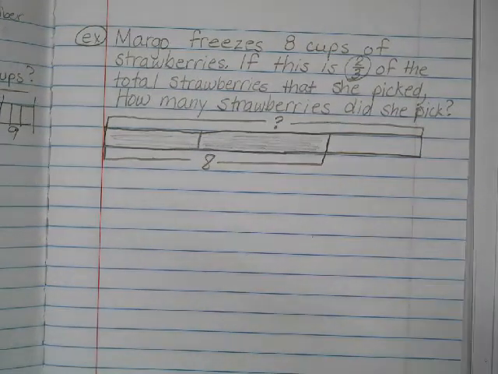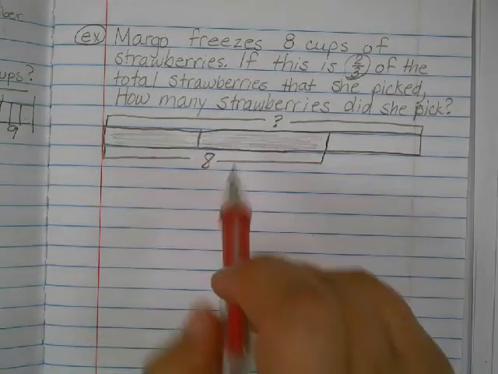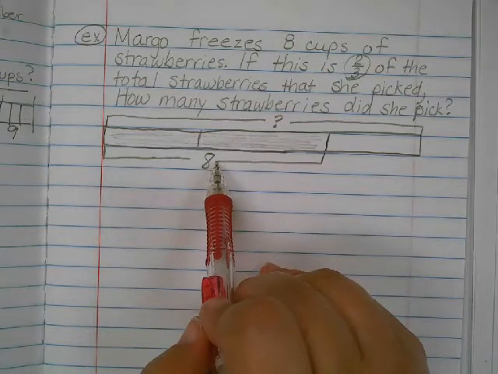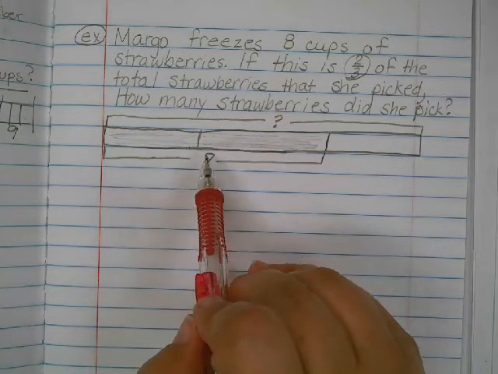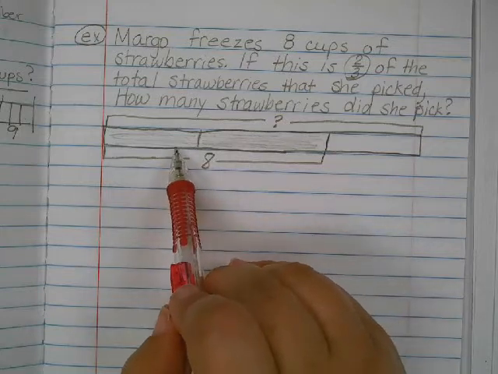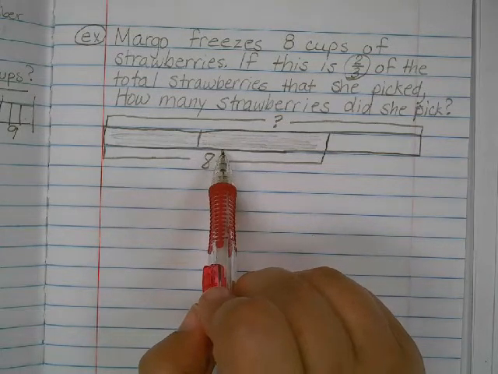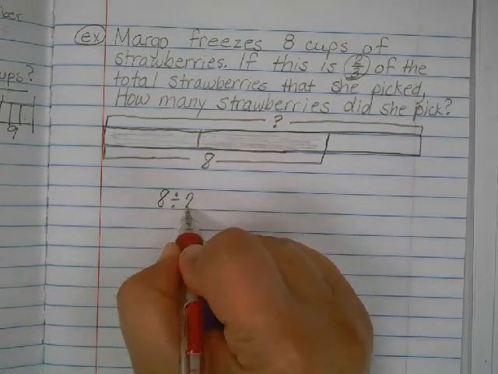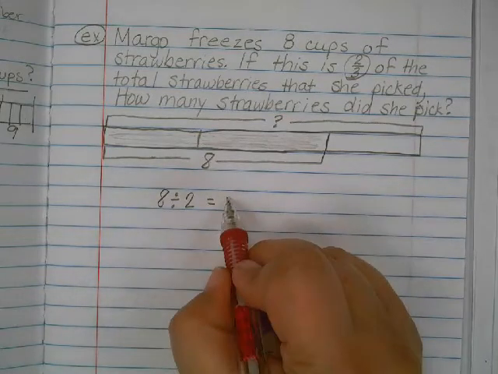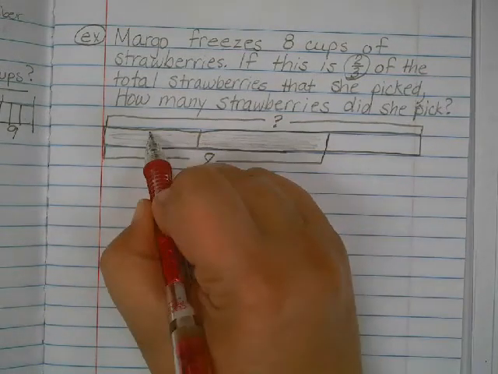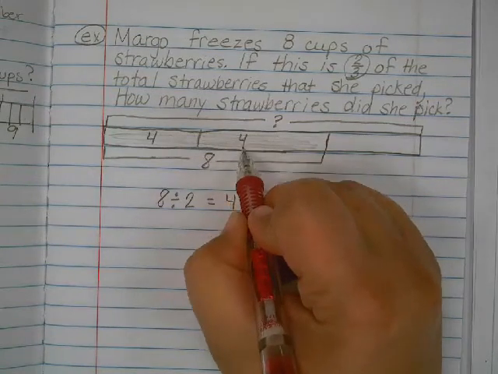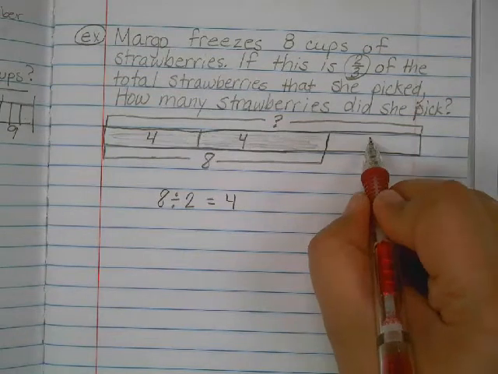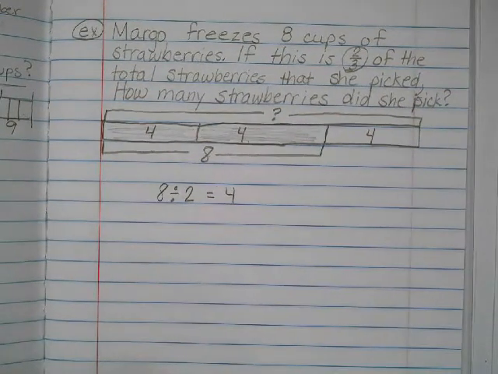So just like we've done tape diagrams before, when 2 parts equal a number, then that means we have to figure out how can I split this number so that it's evenly distributed between these 2 boxes. So I have the whole number 8 and I'm going to divide it by 2 first. So 8 divided by 2 is 4. So that means each box is worth 4. And if these 2 boxes are worth 4, this box is also worth 4.